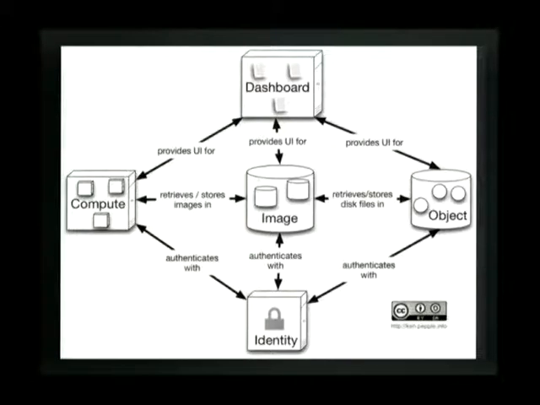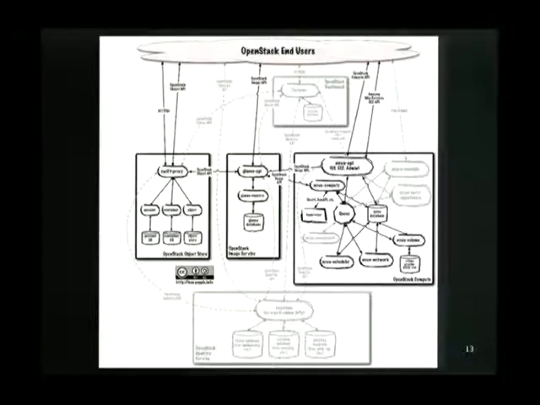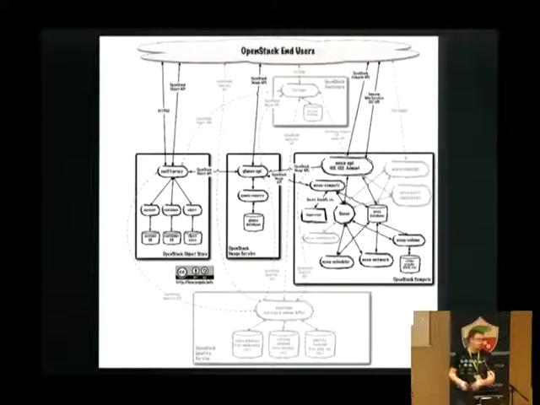Okay. The reality of this picture is actually more like that. Each of the components is actually made of several subcomponents, and they're all talking to each other in different ways, and it's starting to be a bit crazy. So you can start seeing the complexity of the project.